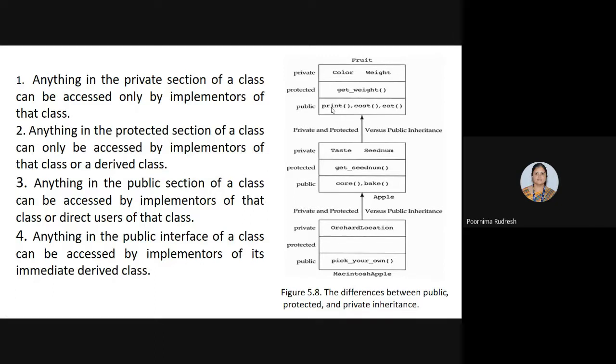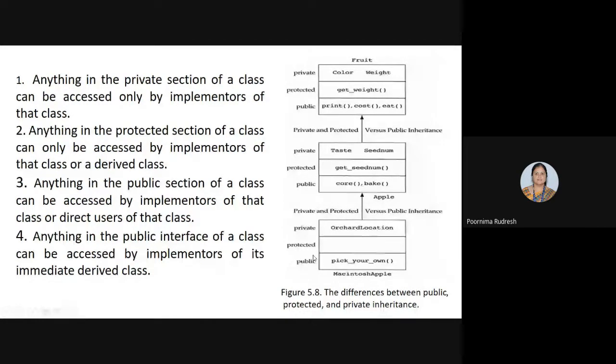Okay, next. See here, the print, cast and eat will be accessed by the implementers as well as the users of fruit class. Similarly, the core and bake can be accessed by the implementers and users of apple class. Here, pick your own can be accessed by the implementers and users of Macintosh class only.